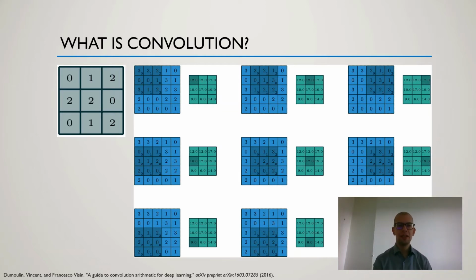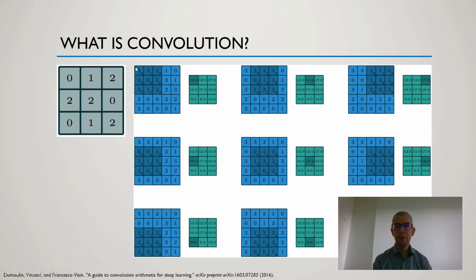And you have some numbers in this matrix, and these numbers are so-called weights of this kernel. And then you have in blue the image, which is also a matrix, in this case a 5x5 matrix, a very small image. And what you do in convolution is you take this 3x3 kernel and slide it across the whole image like this.